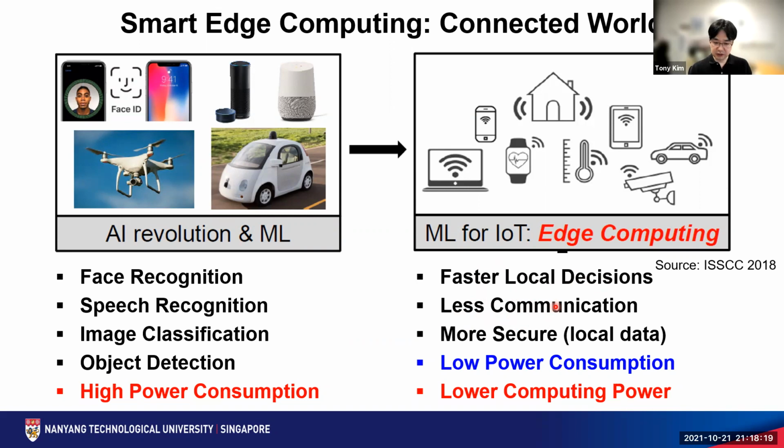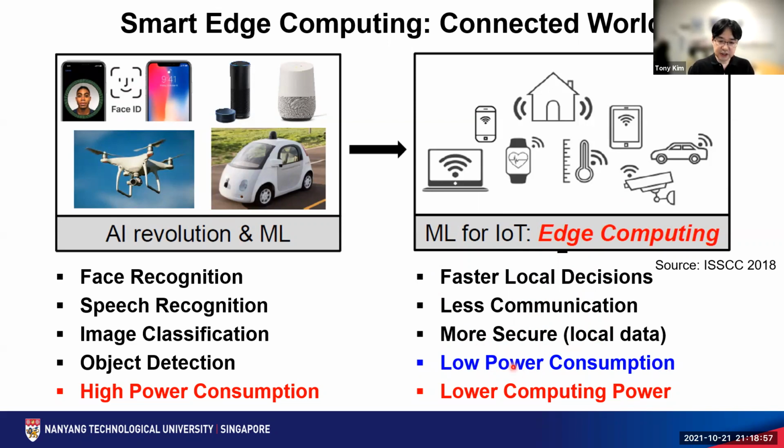And then we can also save the power and energy dramatically. And edge computing is also more secure because you don't need to send all the raw data to the cloud, right? So you can just process at the edge devices as much as possible. So those confidential and very sensitive data do not need to be sent to the cloud. So these are the benefits. And in terms of hardware, because of this edge computing, we can also realize low power smartness.